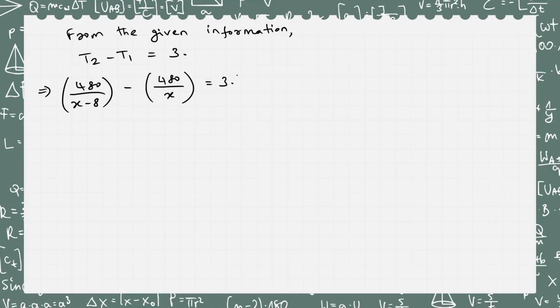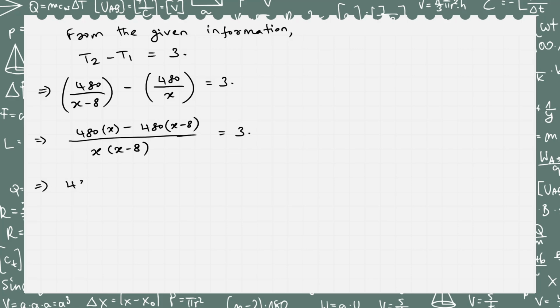equal to 3, right? And now we have to continue by taking x times x minus 8 as the LCM for the denominators. We have to combine both the numerators. So this will be like 480 into x minus 480 into x minus 8. This will be equal to 3, right?